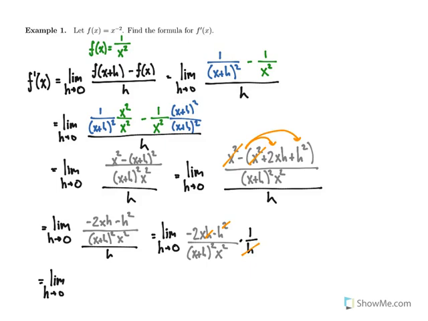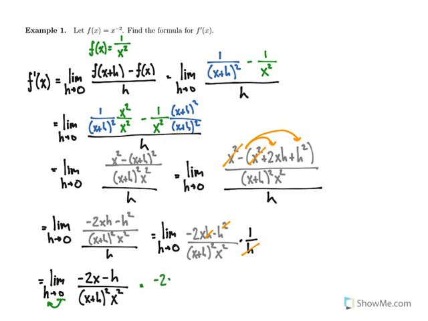We have the limit as h approaches 0 of negative 2x minus h over x plus h squared, x squared. Now, maybe you're thinking that we didn't do enough to cancel everything out, but it's okay sometimes to just try plugging in 0 for h and see if everything works out now. In this case, it will.